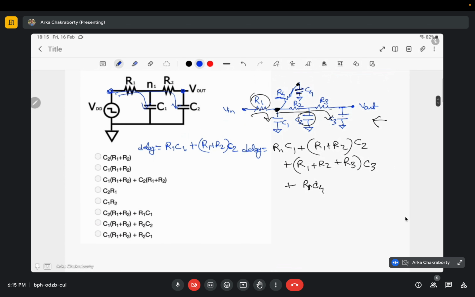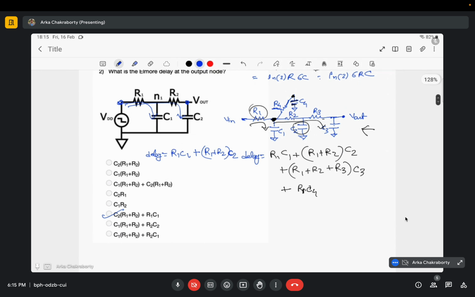Which one matches this? R1 C1 plus this one, R1 plus R2 into C2. So it's very simple. Generally Elmore delay and all these are very simple things. In the SPICE model, when the circuit does the simulation, they generally don't use this Elmore delay.